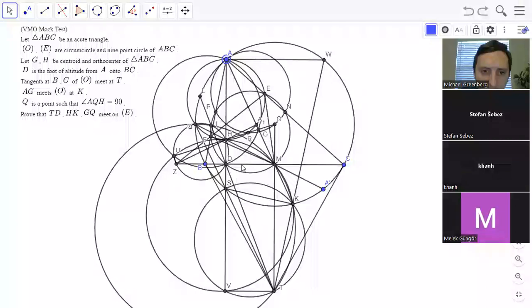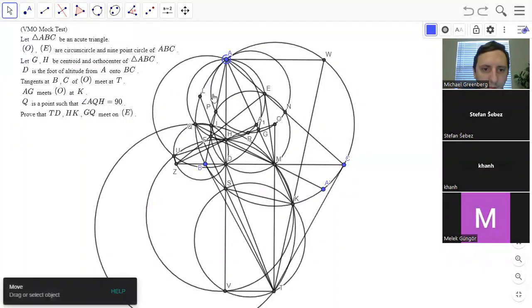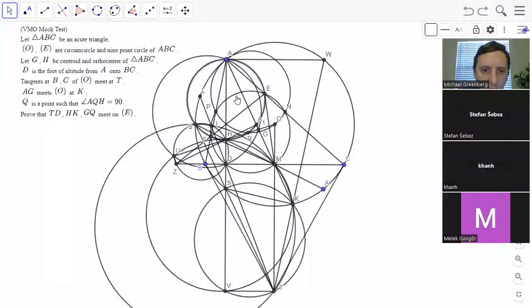Maybe that's obvious by the radical axis. Because if we have this circle and this circle, yeah, by the radical axis theorem.